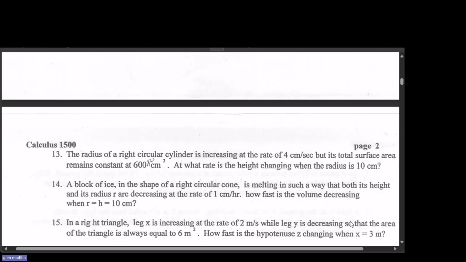Then from here, after getting dy over dt, we go back to the theorem of Pythagoras. We differentiate. So we have 2x dx over dt plus 2y dy over dt equals 2z dz over dt. We know what x is.